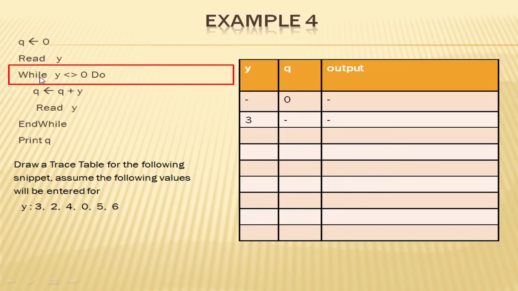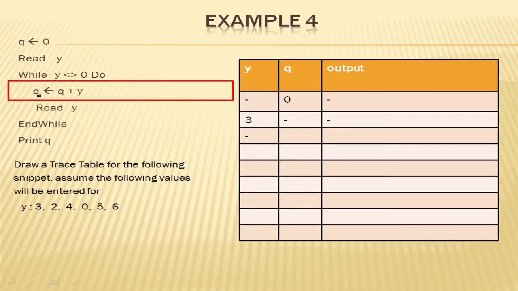We move to the next line, and the next line says q equal to q plus y. What was the last value of q? The last value of q was 0. And what was the last value of y? The last value of y was 3.